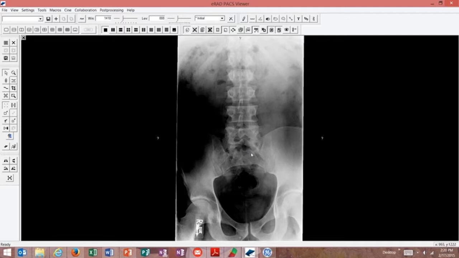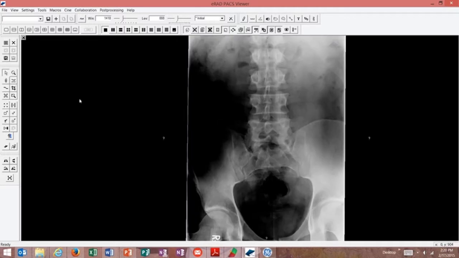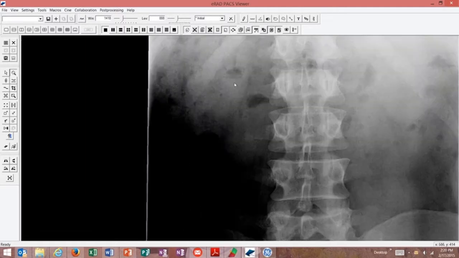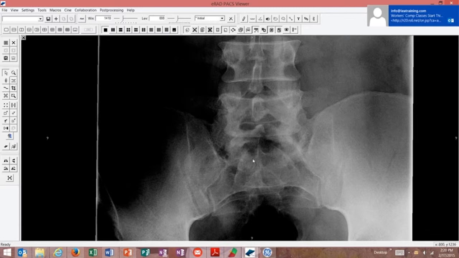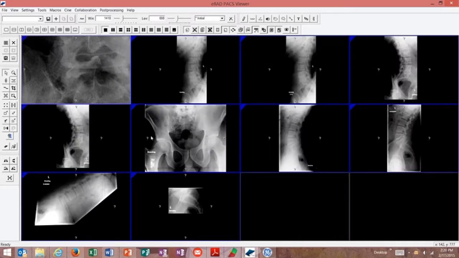And you can see that there's some sort of a post-surgical defect right here and through here. In fact, if we magnify that a bit, it'll probably become even more obvious. Yeah, so there's some sort of a defect here, laminotomy defect. Looks like perhaps a spina bifida defect of the S1 spinous process or the posterior elements of S1. Anyway, so that's our AP view.